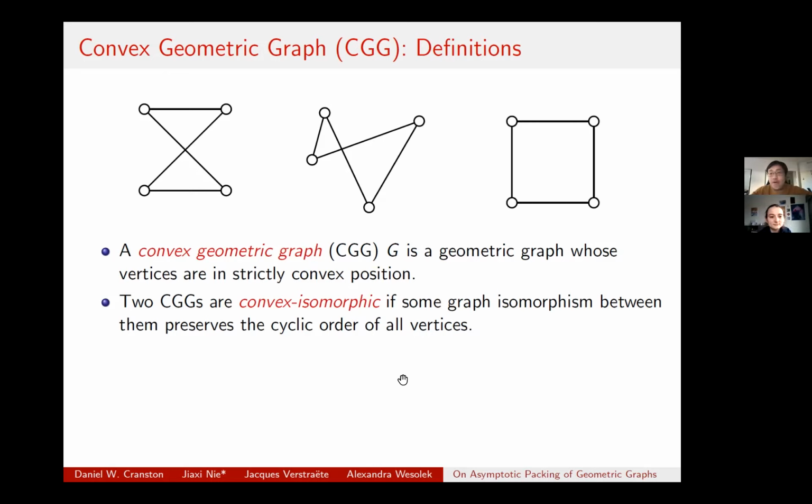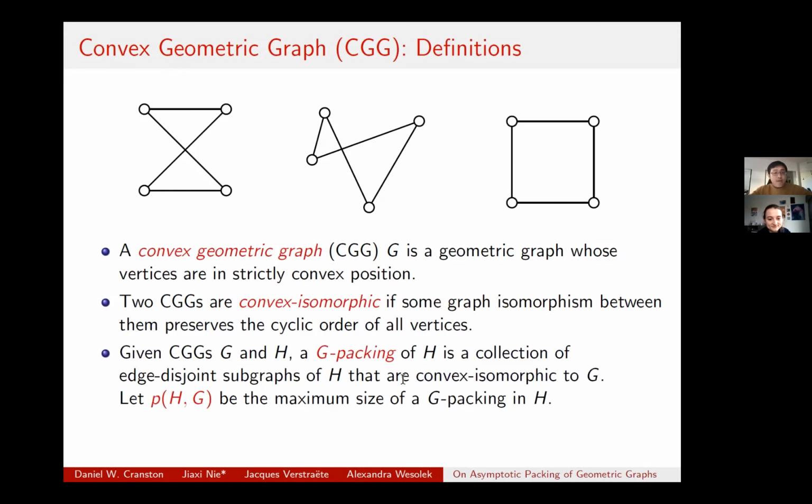So here, the first two examples are considered the same as CGGs because there is a graph isomorphism between them that preserves the cyclic order. And the third one is not isomorphic to the first two because you cannot find such an isomorphism.